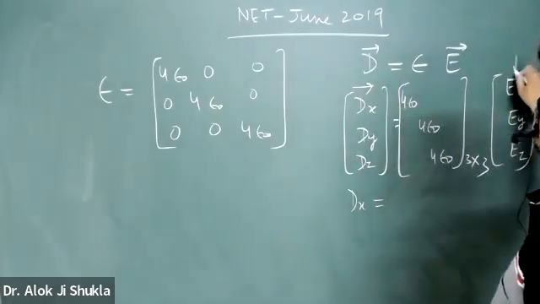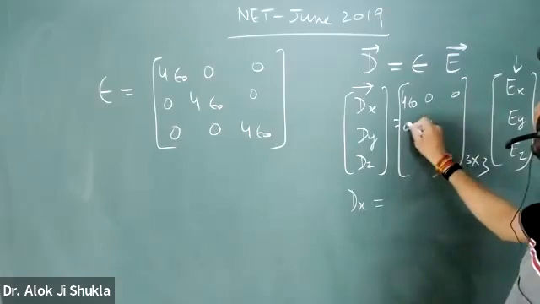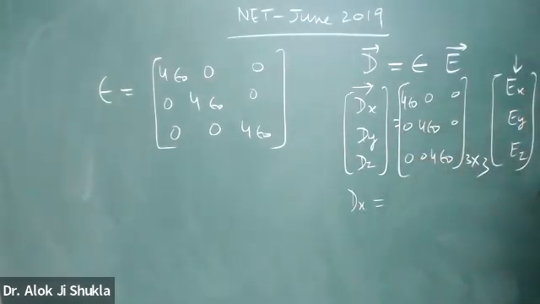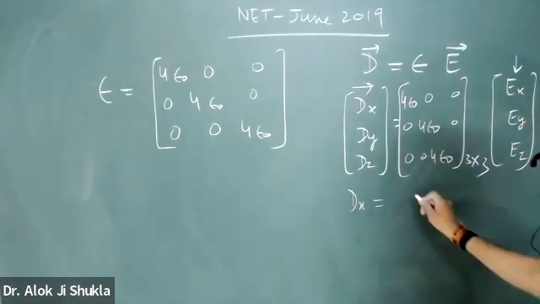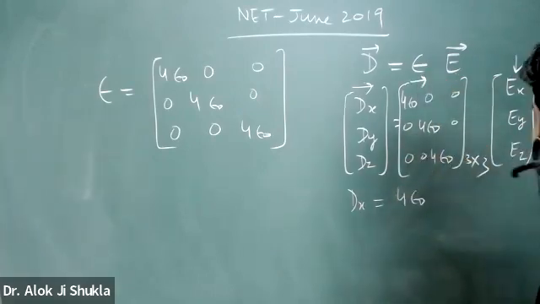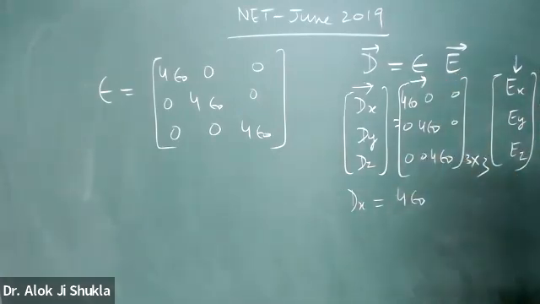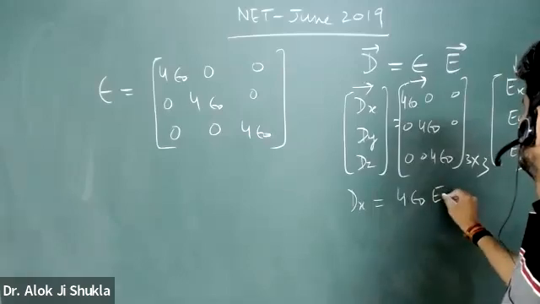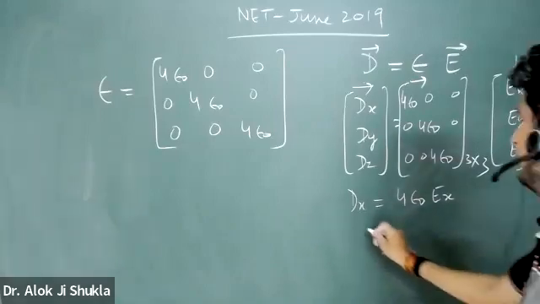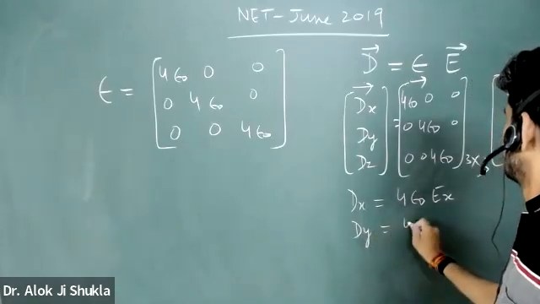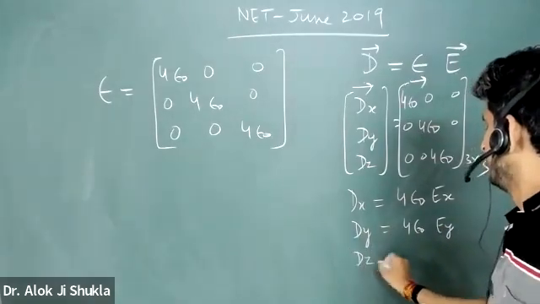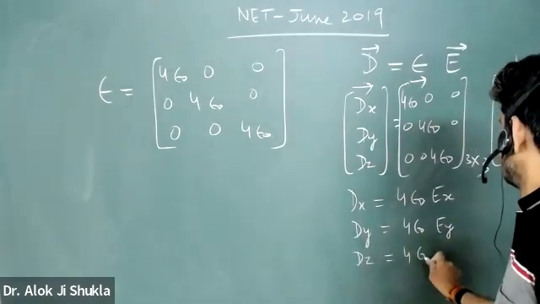Tell me. 4 epsilon naught Ex. ये ऐसे चलता है ना? Yes, sir. Ex plus 0 plus 0. Dy? 4 epsilon naught Ey. Dz? 4 epsilon naught Ez.